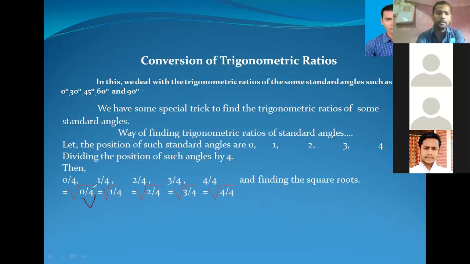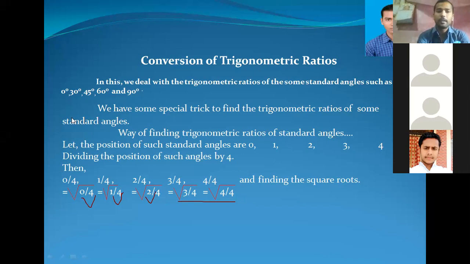That means 0 by 4 comes under the root, 1 by 4 also comes under the root. In the same way, 2 by 4 also comes under the root. In the same way, we need to find the square root of all the place values which are divided by 4. Is it okay?